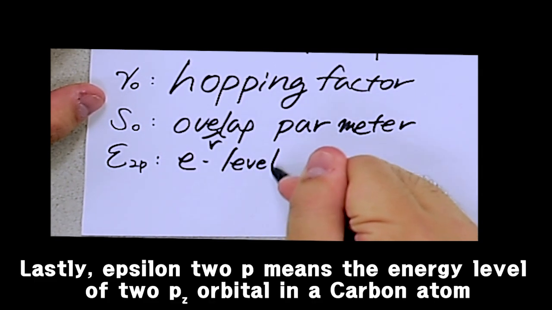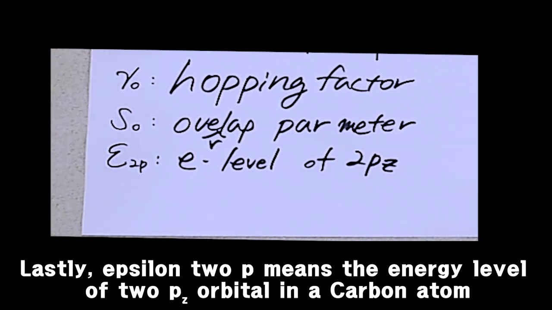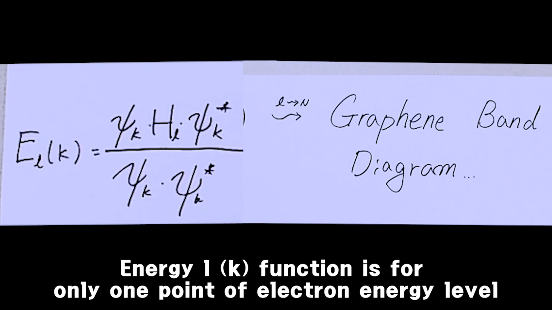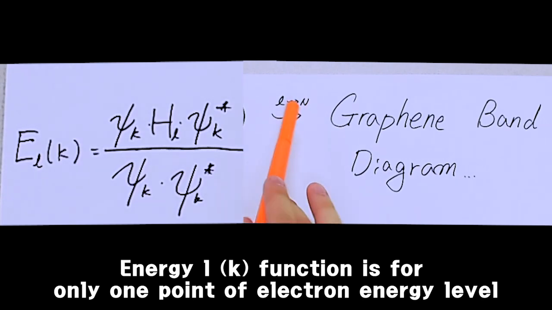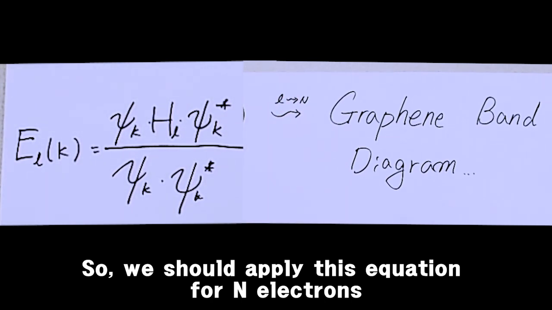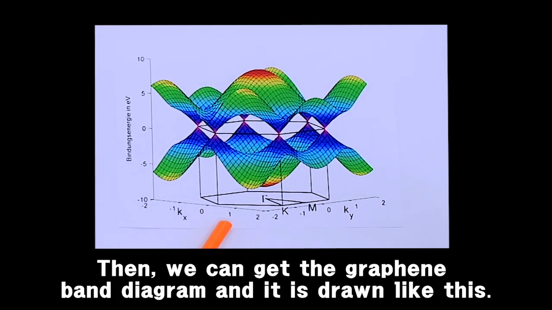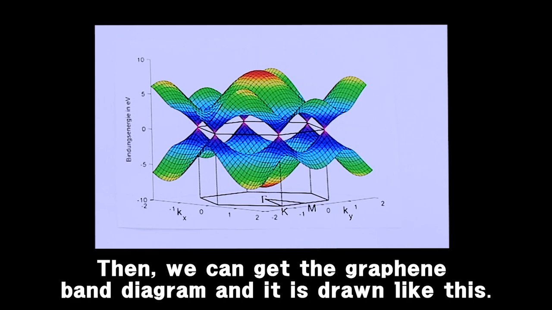Lastly, epsilon 2p means the energy level of the 2pz orbital in a carbon atom. The energy L function of k is for only one point of energy level, so we should apply this equation for n electrons. Then we can get the graphene band diagram, and it is drawn like this.